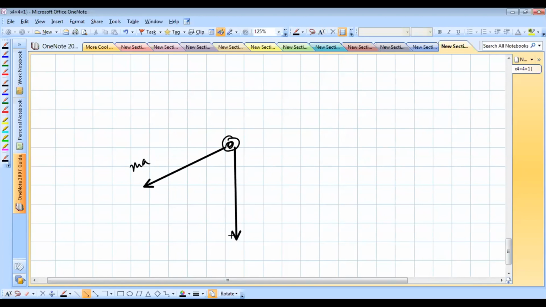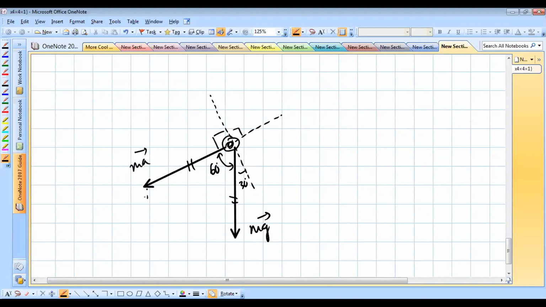It is vertically downwards. Now this angle is 30 for this, so this angle is 60. Correct. So these two are equal, and their vector sum will act along this bisector.